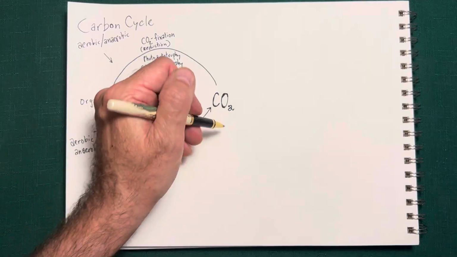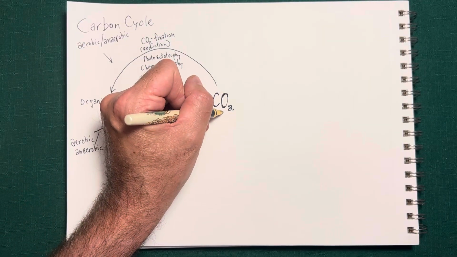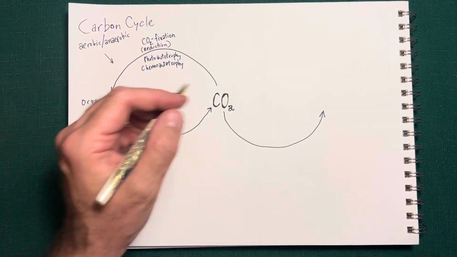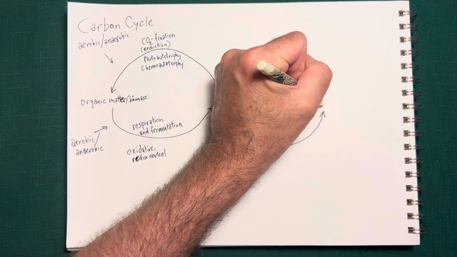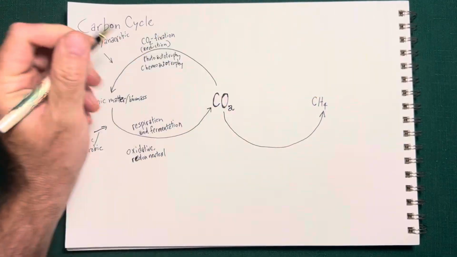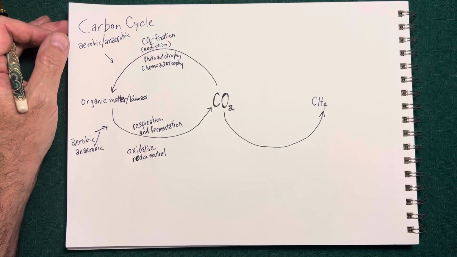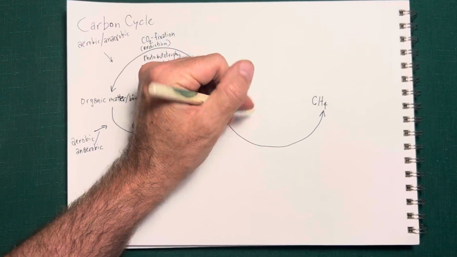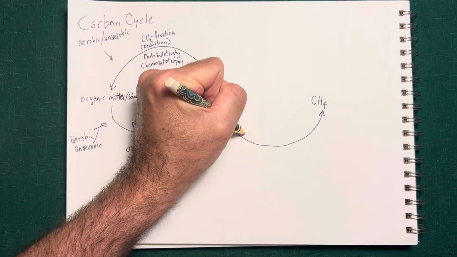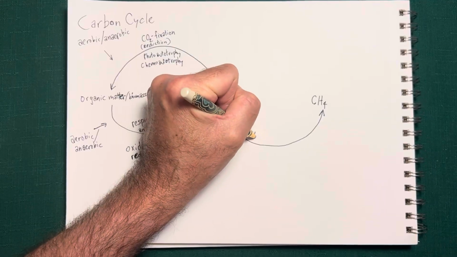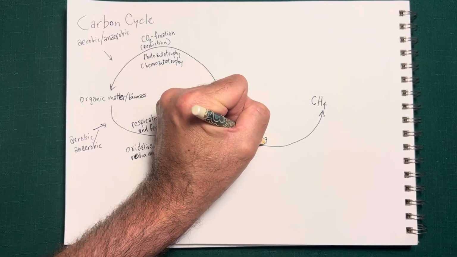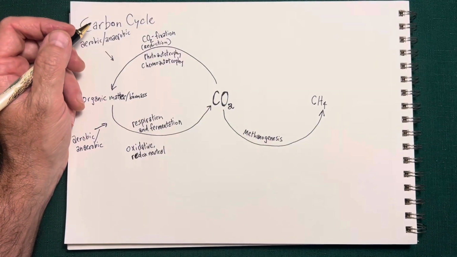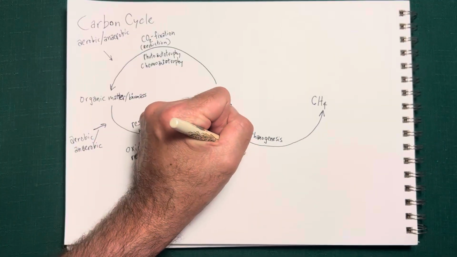And that's done through this other piece of the puzzle here, which sometimes we can take carbon dioxide and convert that into CH4, which is methane. And this can be done through a process known as methanogenesis, which is obligately anaerobic.